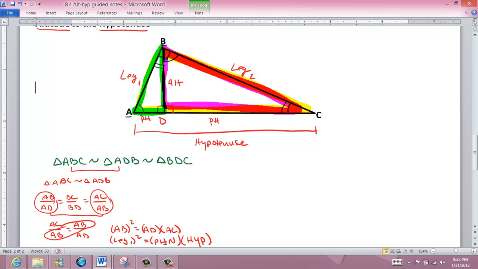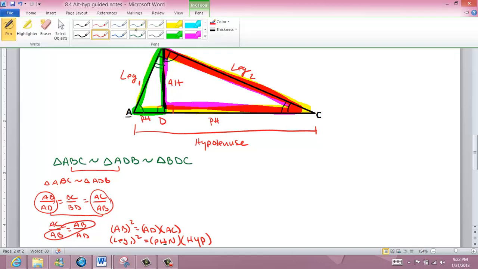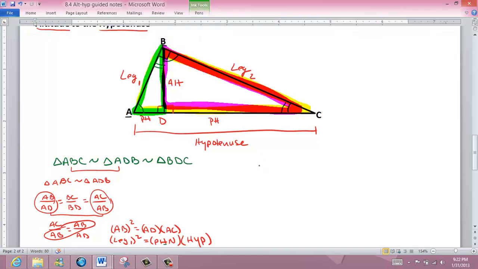Okay, now this probably still means nothing to you. So what we're going to do is just continue here, and we're going to pull out another set of triangles. Let's take these two triangles, say triangle ADB similar to triangle BDC.